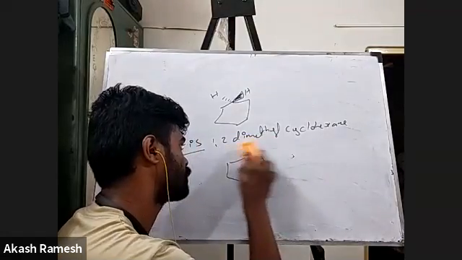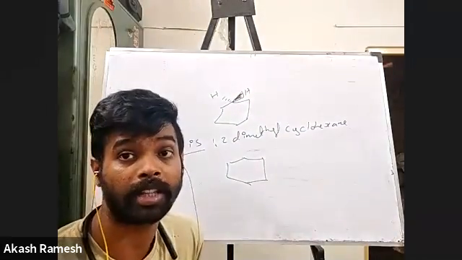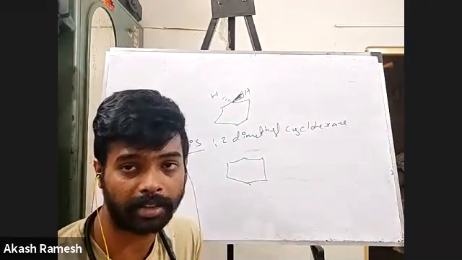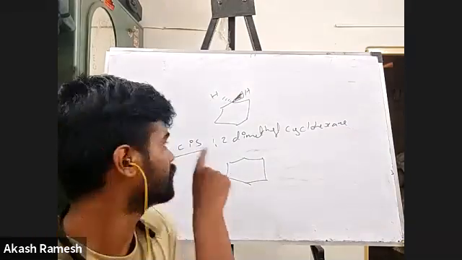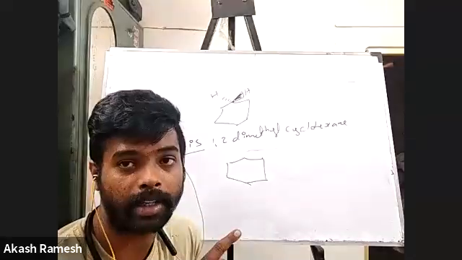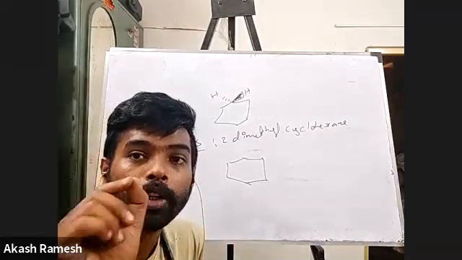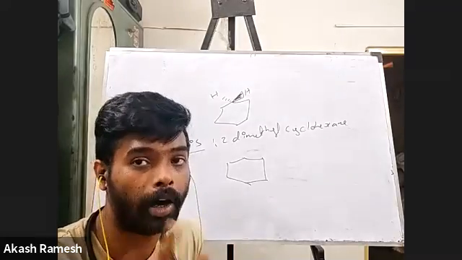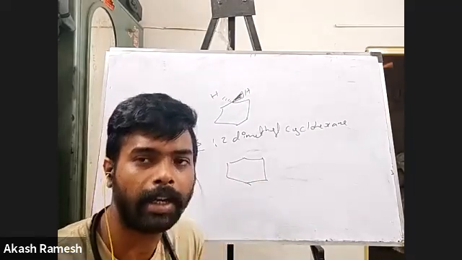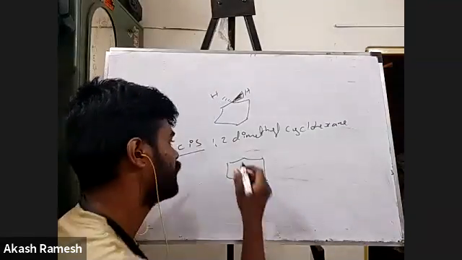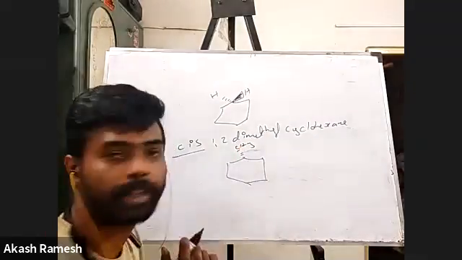How will you write it? Please understand when I say cis, it should be on the same side. When I say cis-1,2-dimethylcyclohexane, the two methyl groups, both of them should either point towards you, or both of them should point away from me. Either of two cases. So one of the possibilities which I can write is, say I put the methyl group pointing away from me in this carbon atom.